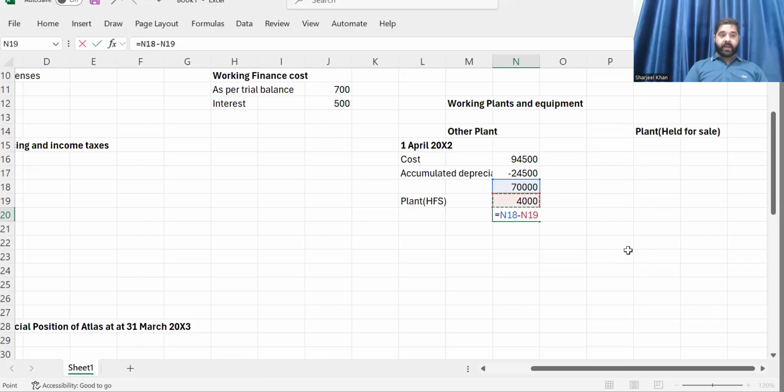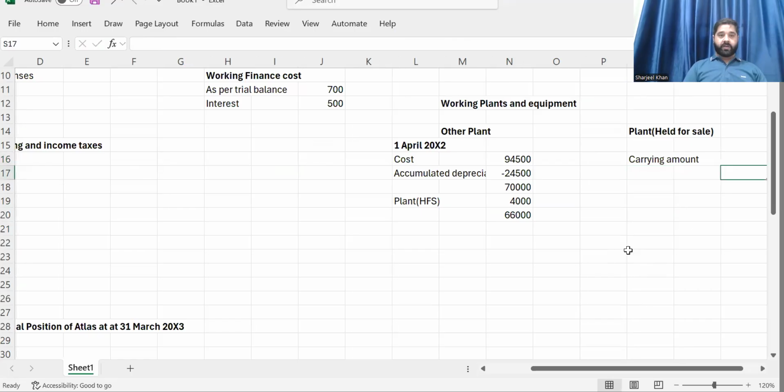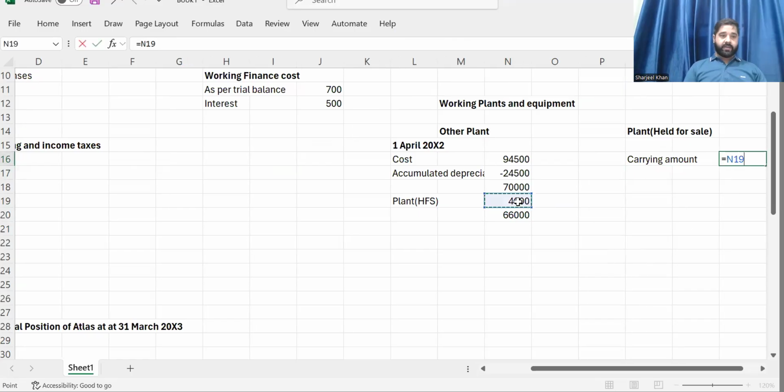Now the carrying amount for the rest of the plant is 66,000. The plant which is classified as held for sale has a carrying amount at the start of the year of 4 million. Clear?